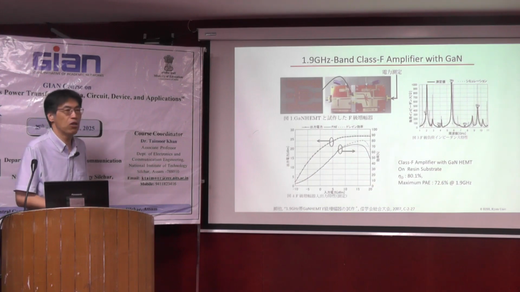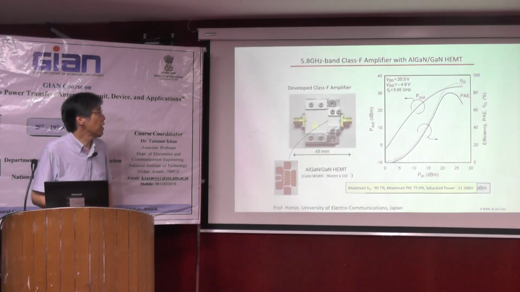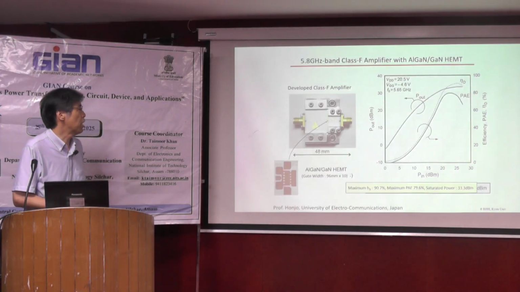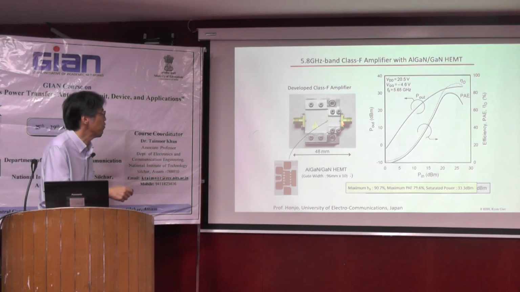This is a very excellent number compared to class B and class A. And the Japanese group increased the frequency to 5.8 GHz, and this time they reached 80% in this amplifier.